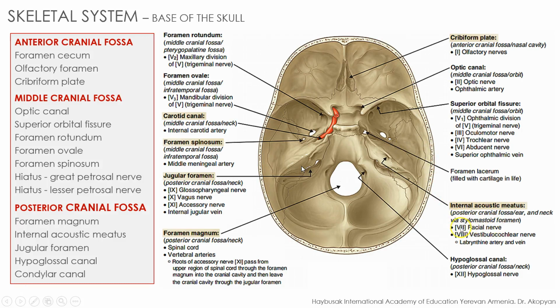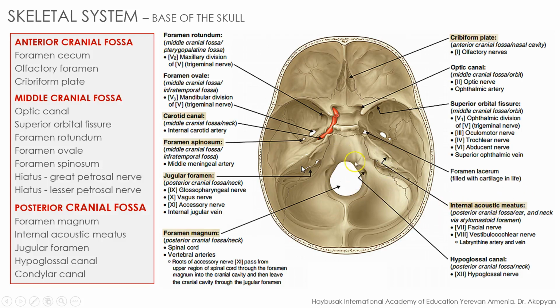The facial 7th cranial nerve and the vestibulocochlear 8th cranial nerve pass through this foramina. Also, the labyrinthine artery and vein are passing through the internal acoustic meatus.